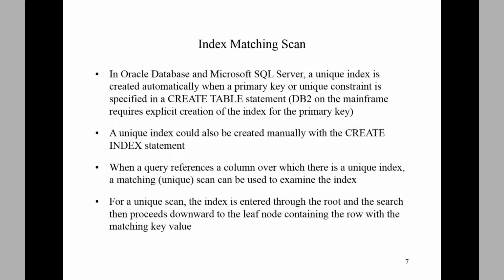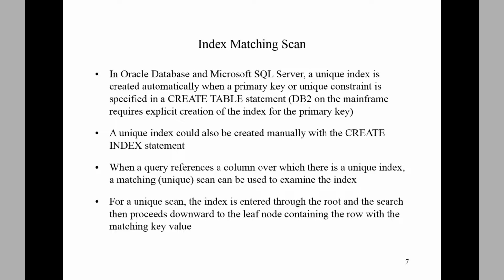This sounds exactly the same as the range scan that we just described, and it does start off the same way. But the difference is that once we reach the node, we find a key with a single pointer. It points to, at most, one row in the table. If we do not find the key at all in this node, the row does not exist.